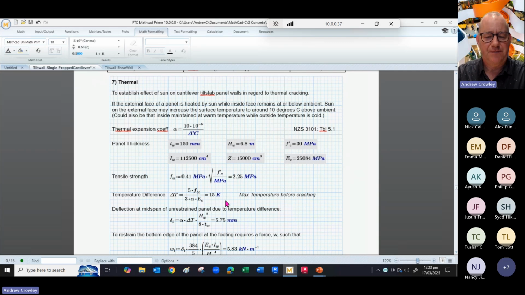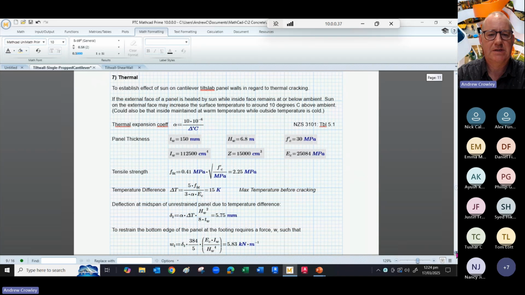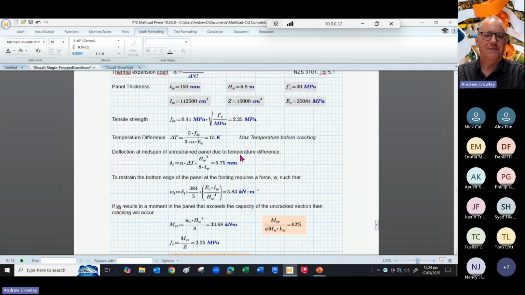The temperature difference, between the outside and the inside, is 15 K, which is equivalent to 15 degrees C difference. The deflection at the midspan of the unrestrained panel due to this temperature difference is given here as 5.75 millimeters. And that 15 K is the maximum temperature difference before the concrete starts cracking.